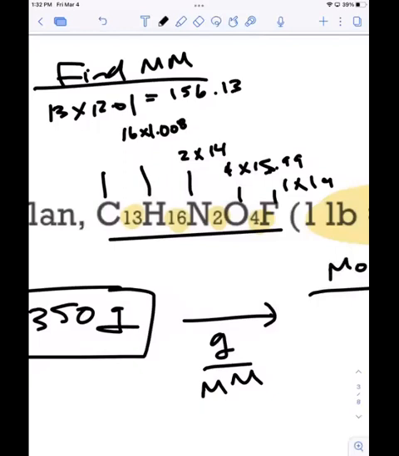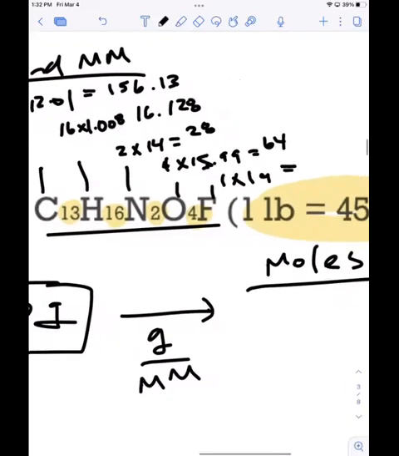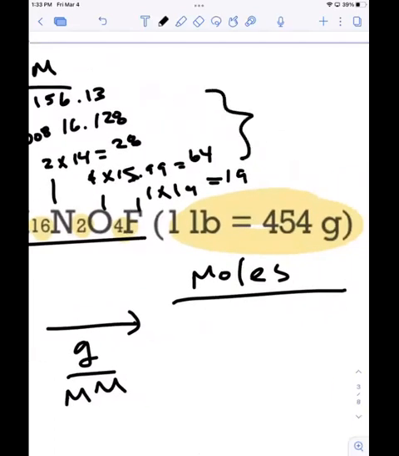This is gonna be 16.128. Yeah, my bad, 128. And this will be 28. And this will be roughly 64 and 19. So sum all those up and we'll get the molecular weight of that compound in grams per mole.